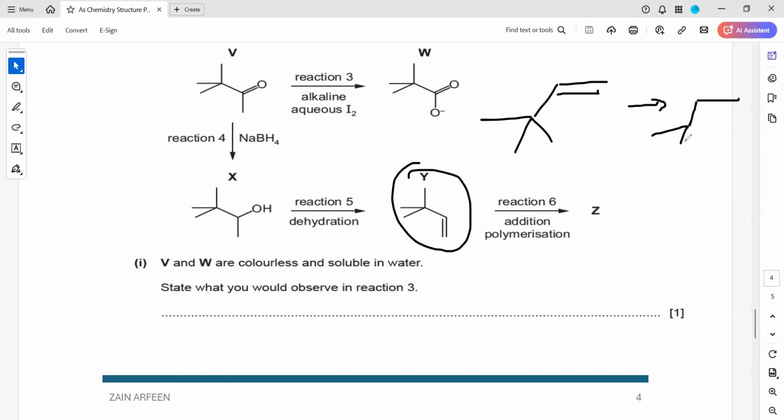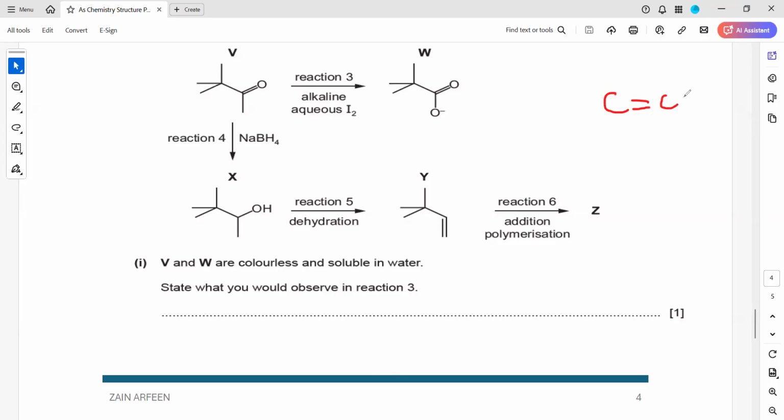This is already there. I just have to put the branch like this. So this is a monomer, okay? Because a double bond is always a monomer. Why did I flip? Because when I want to draw a polymer, I need a carbon-carbon double bond here.